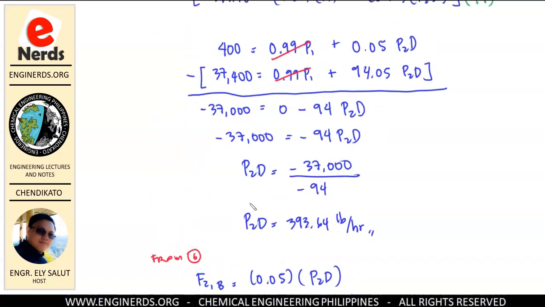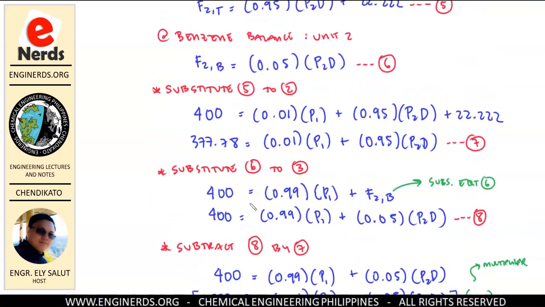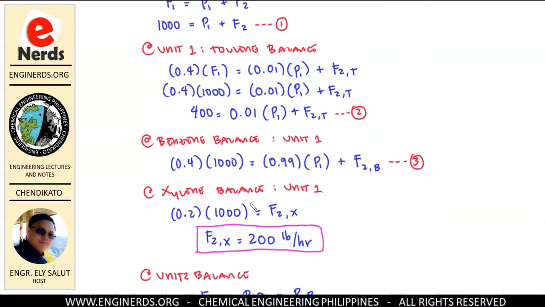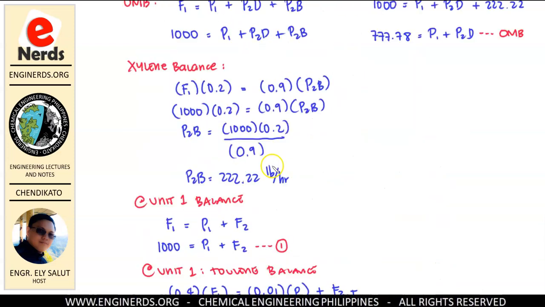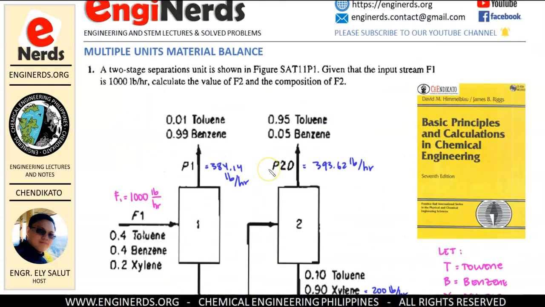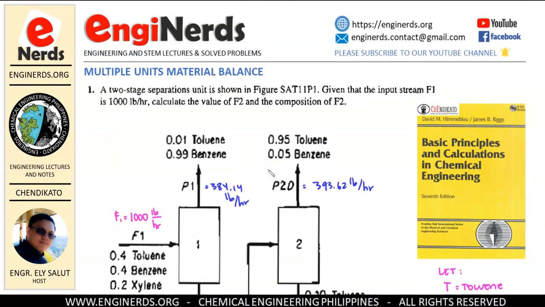Kaya kung mag-aaral kayo ng material balance in chemical engineering calculation, this will be a good exercise para makita ninyo kung paano ba ang approach kapag meron tayong ganitong mga problem sa material balance. So, I really think this will be helpful sa mga estudyante ng chemical engineering. So, I hope you will take time to really understand yung ating lecture for today.